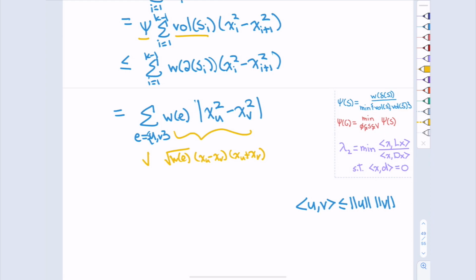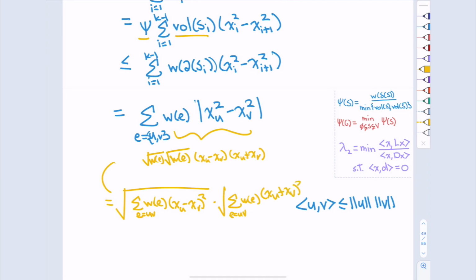And maybe I can write that as square root w_e times square root w_e kind of thing. So you get these two square roots. One is summing over all the edges e equals uv, the weight of e, xu minus xv squared. And the other is summing over all the edges, w_e, xu plus xv squared.